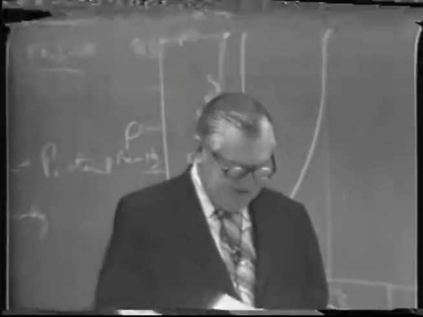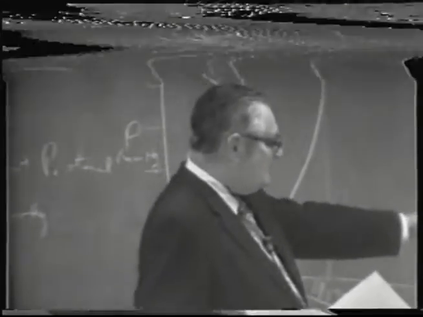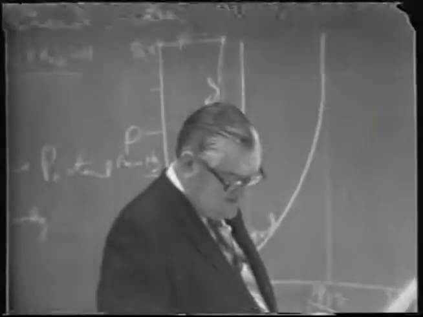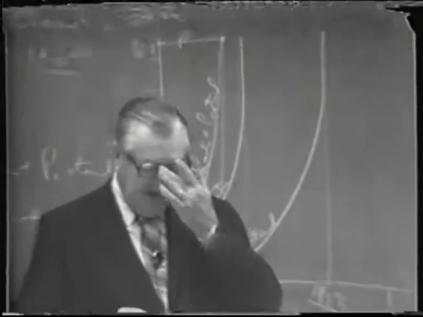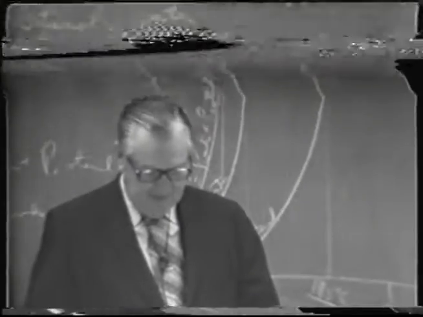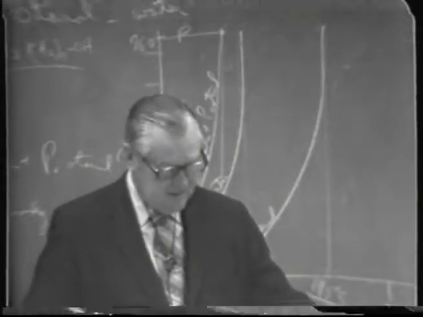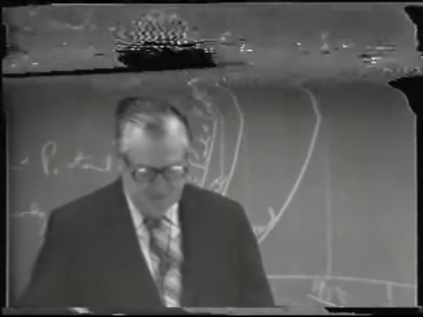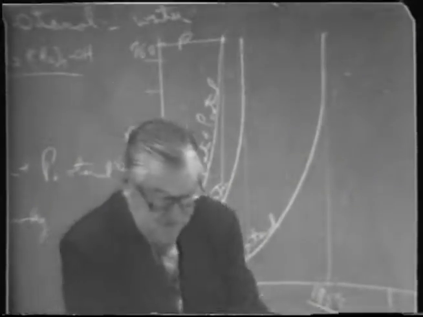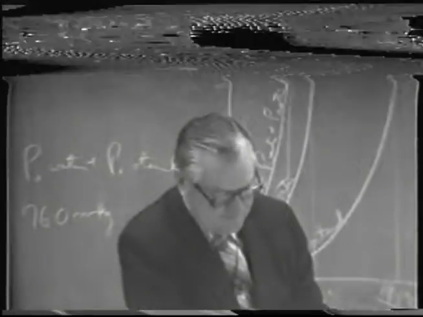Unfortunately, I failed to bring in the sheet which showed the calculated values, but it's not very far from that value. So in other words, you can calculate azeotropes, or the approximate composition of azeotropes, by use of this assumption of immiscibility.